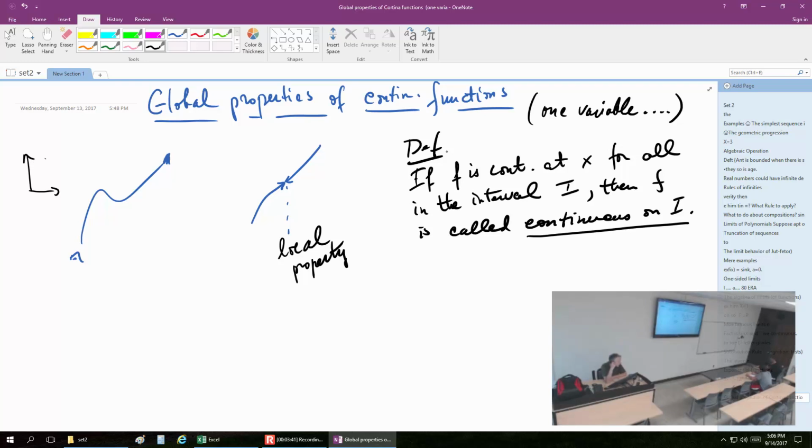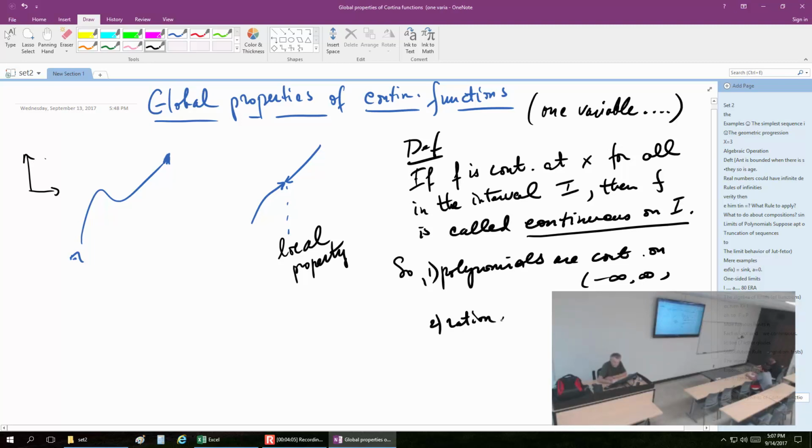And so then we know that polynomial functions are continuous throughout the real line, and rational functions are continuous on their domain. So let me just state it. Polynomials are continuous on negative infinity to infinity. Secondly, rational functions are continuous on their domains.